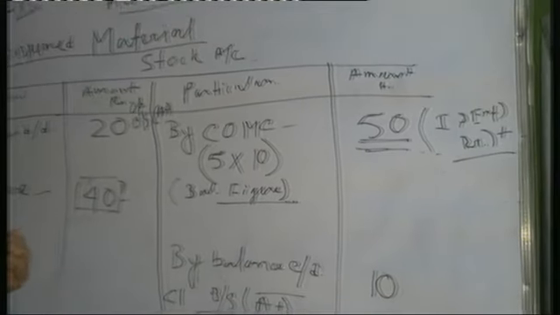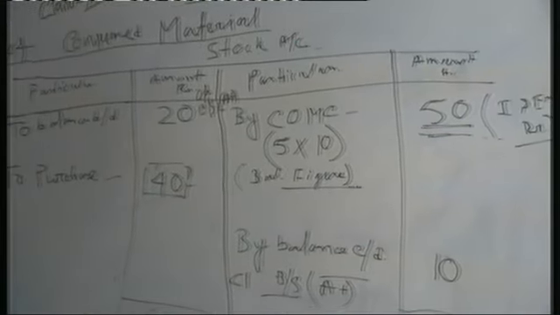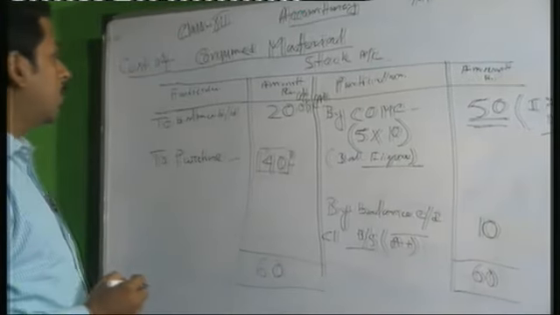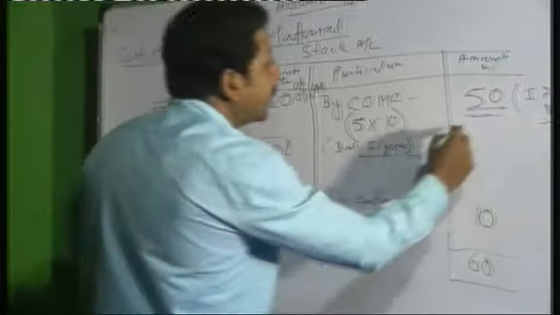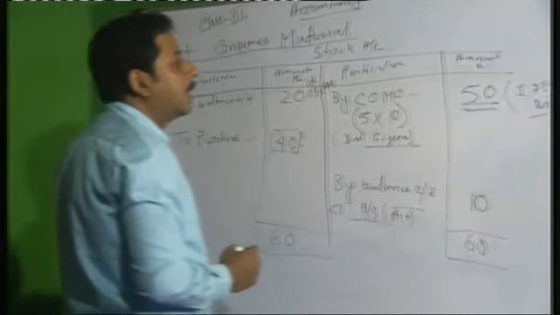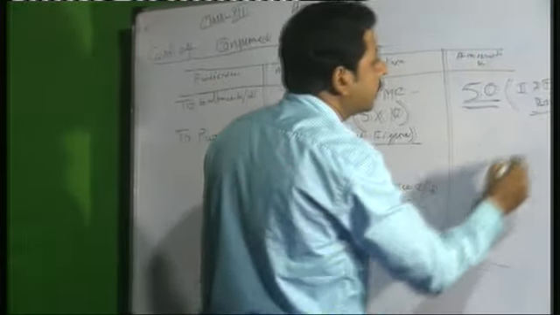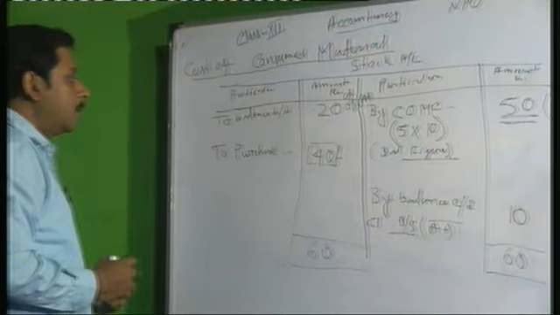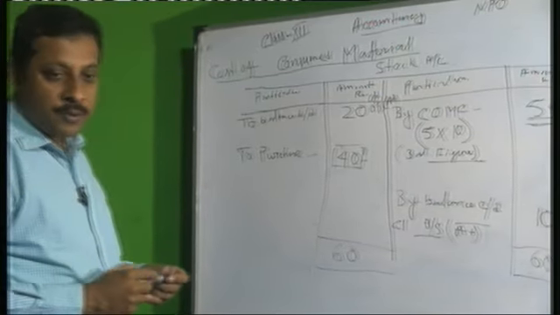Though we have taken the example of one day, actually this is a one year example. In one year we have consumed this chocolate material worth rupees 50, and this will go to the income and expenditure debit side. Have you understood this?